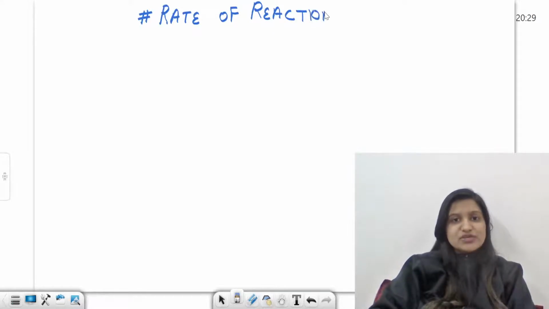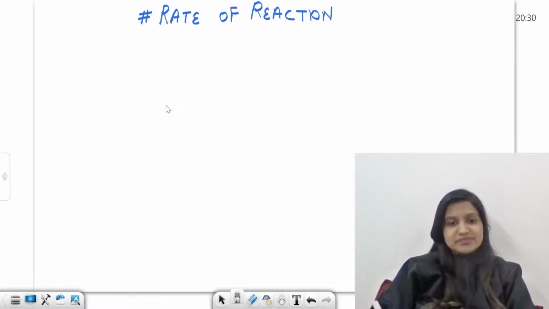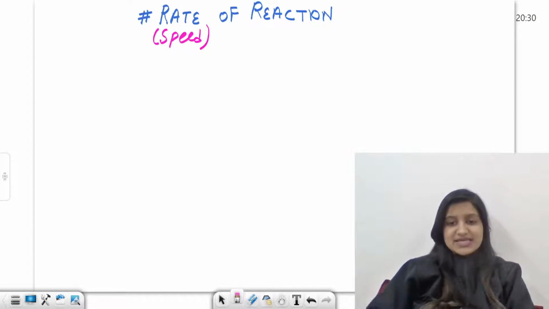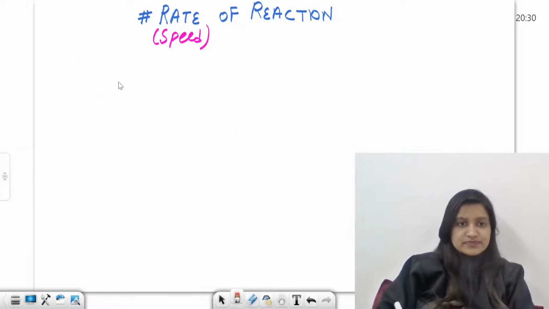I will make you understand this concept with the help of speed, simply the speed of a car. If I say speed of car, how do you define that?